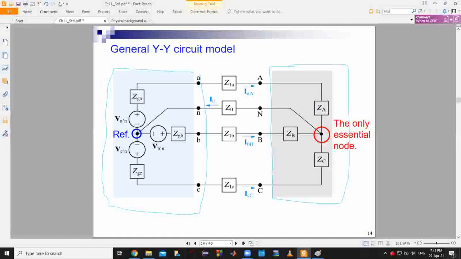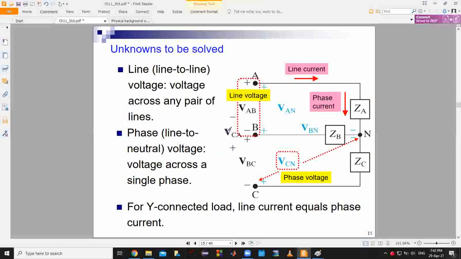So this right here is the impedance of the source. This is the impedance of the transmission line and the impedance of the load. This is the ground, the neutral line, an essential node and the reference. So we have unknowns to be solved. In this case, the voltage between two lines is called the line voltage.